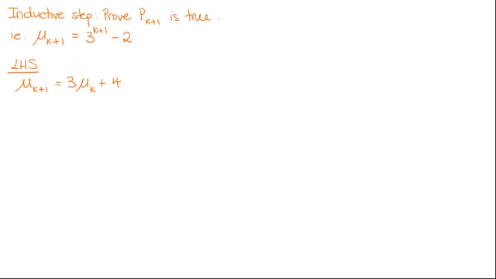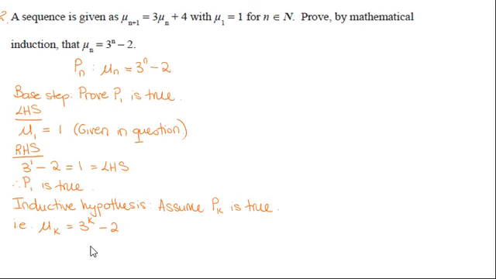Good? And that's, let me make a note, from definition, just to remind you. Then we're going to be using our assumption. Remember, our assumption contains mu k. So let's look back at what mu k is assumed. Well, rather, what mu k is, right? 3 to the k minus 2.